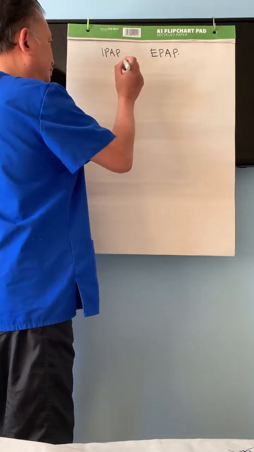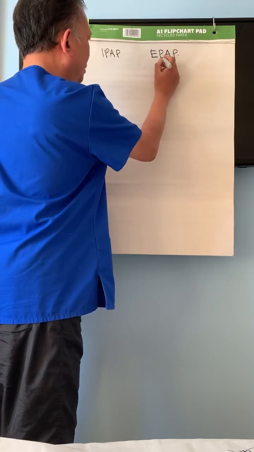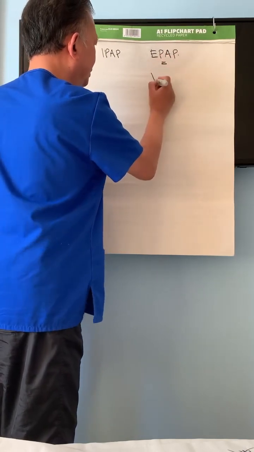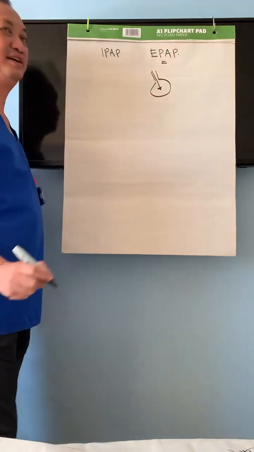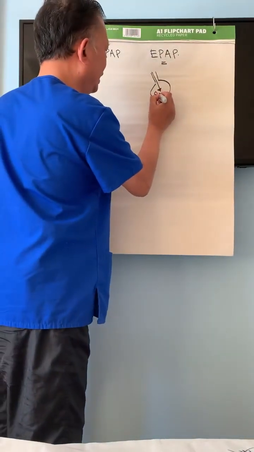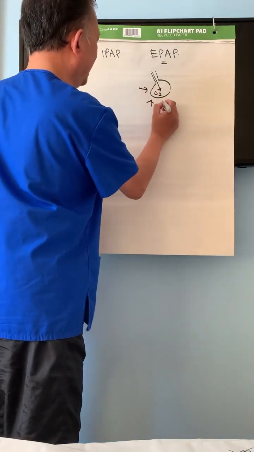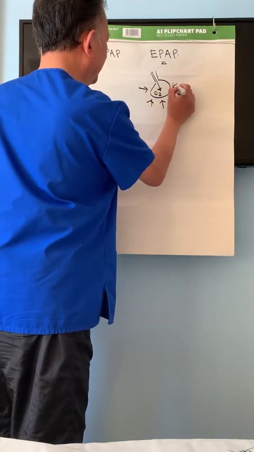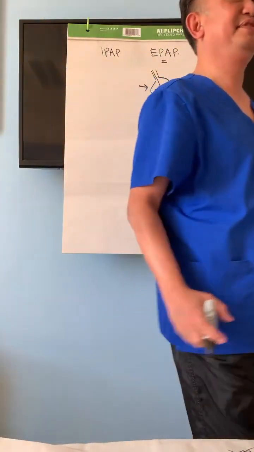So let's start with EPAP, the end positive airway pressure. It means delivering pressure at the end of expiration. The alveolus is trying to collapse, but positive airway pressure prevents the collapse of the alveolus.